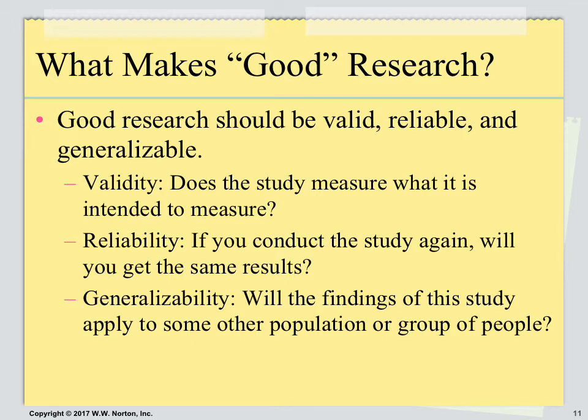Another way of looking at this was going back to the crime issue. Let's take one measure of crime, homicide. Is homicide a good measure or a valid measure of overall violent crime? Yes, it's fairly good, but it's incomplete, right?